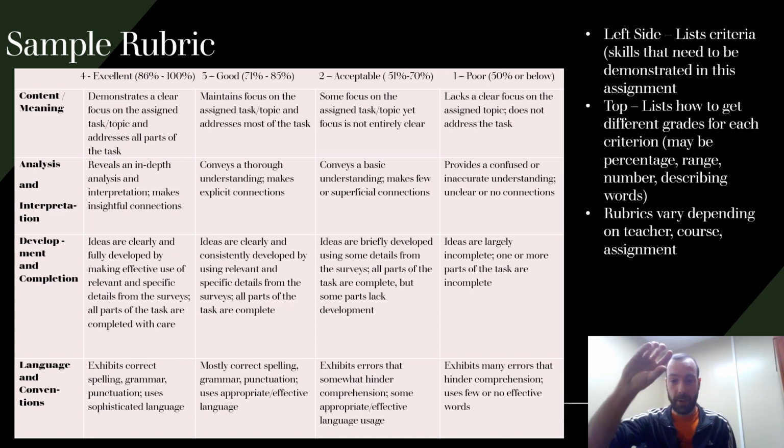At the top of our rubric, we've got how you might achieve different grades. And this can be communicated in a few different ways. Sometimes there's just numbers. Often it's 1, 2, 3, 4 on a scale of 1 to 4. Sometimes it is a descriptive word like poor, acceptable, good, excellent, kind of gives you a scale or a sense of how well you're doing.